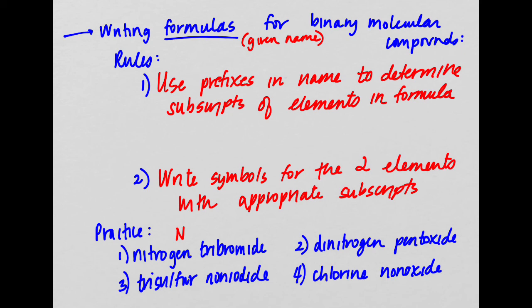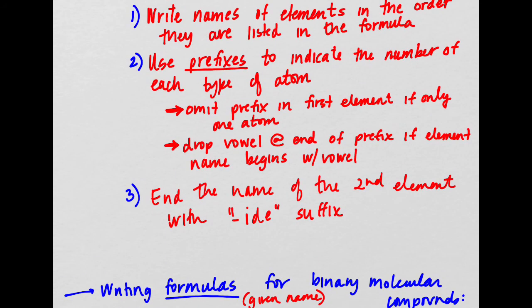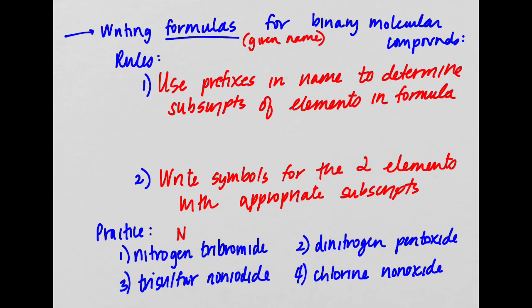Remember, we omit the prefix of the first element if there's only one atom. So since this doesn't have a prefix, it must be only one, and we don't write a subscript of 1 here. So we have NBr, and our prefix tri is 3. So NBr3 is our answer for number 1.